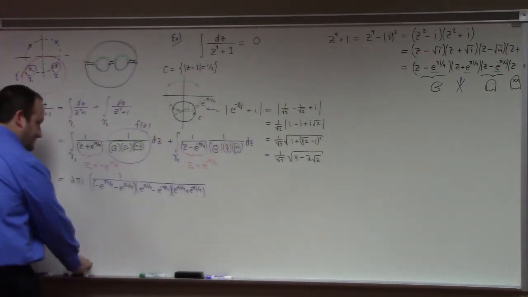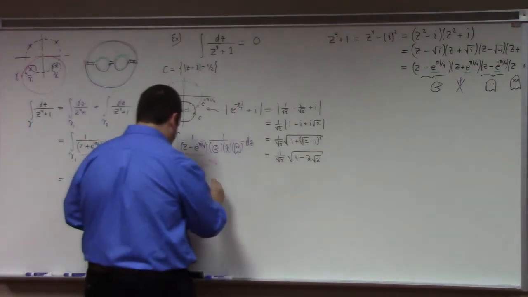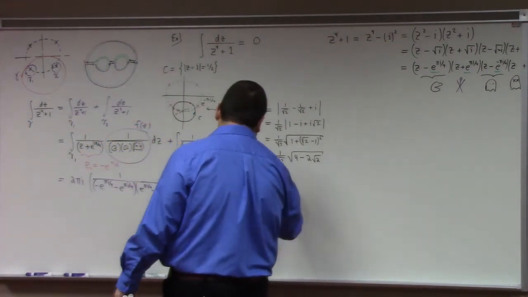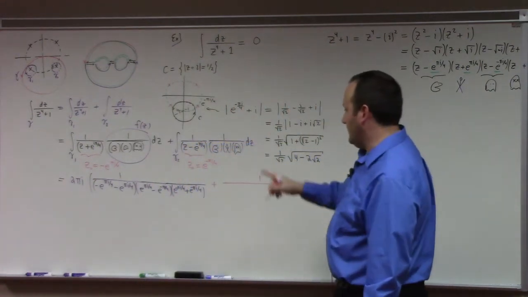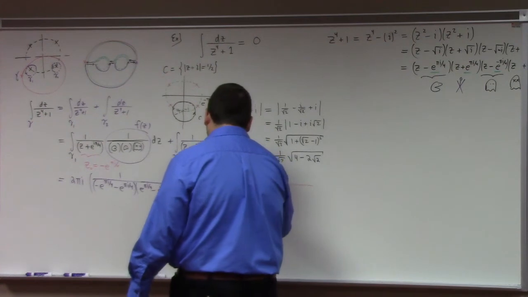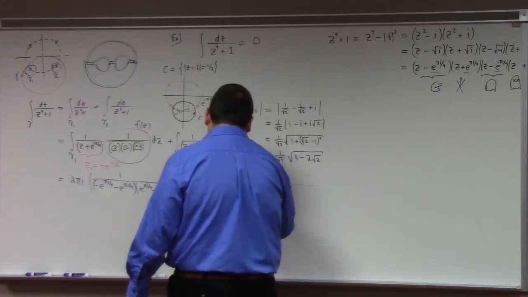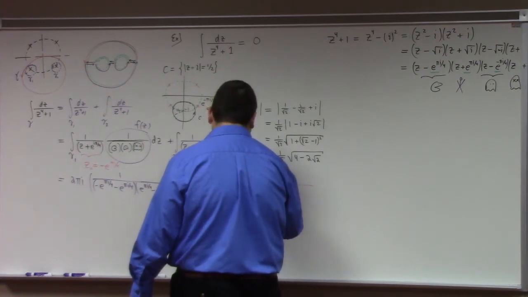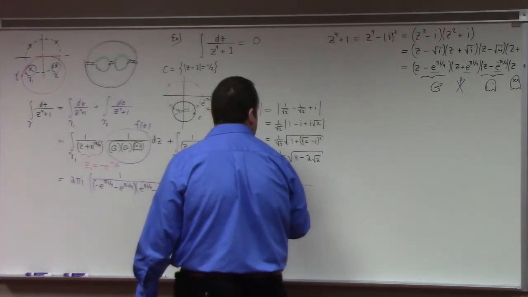Then what? Plus 1 over, and now we do Pac-Man at e to the minus pi i over 4. So e to the minus pi i over 4, what was the Pac-Man term? Minus e to the pi i over 4, right? And then stick figure.